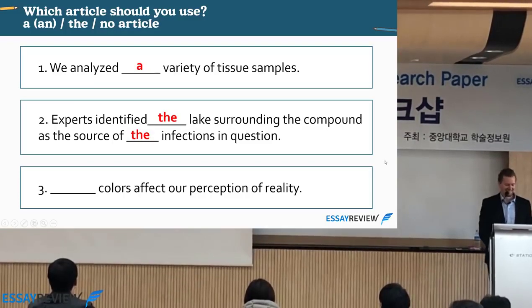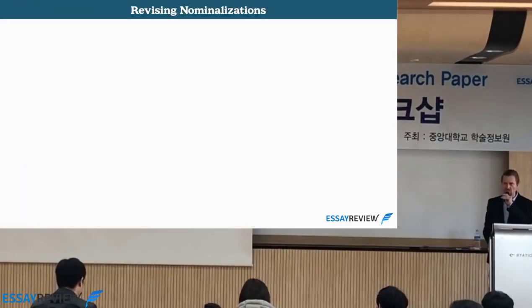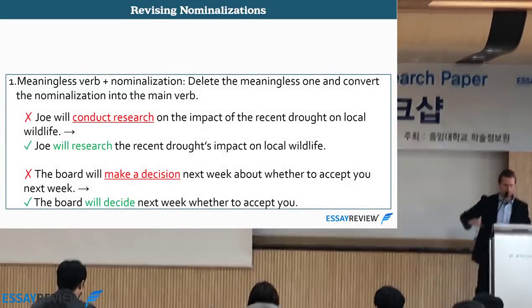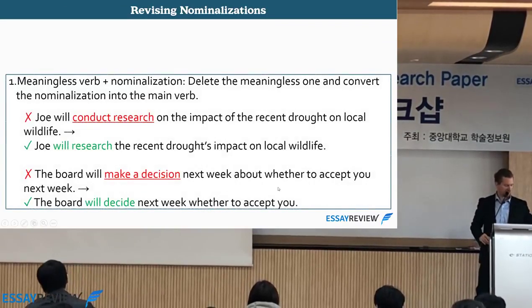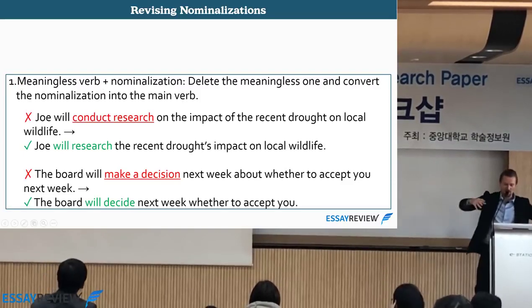Okay. The next one's a bit more complicated. I like this one because this is more about style, not grammar. So a nominalization is basically when you have a meaningless verb, and then a noun that's been changed from a verb.